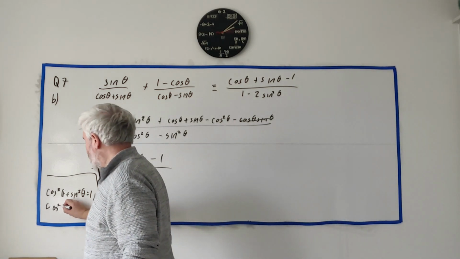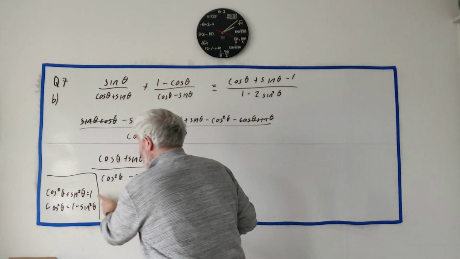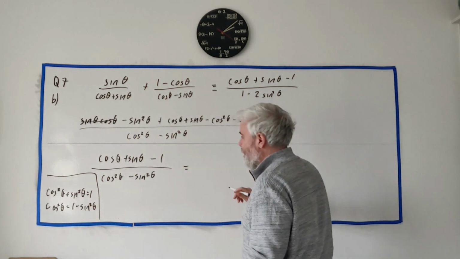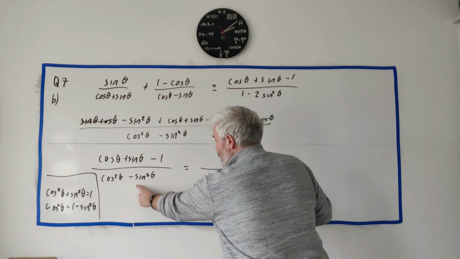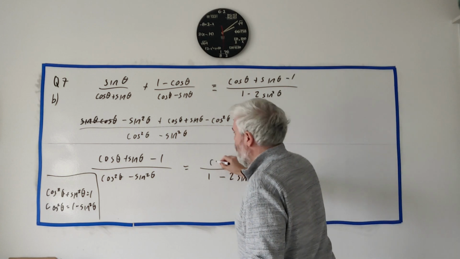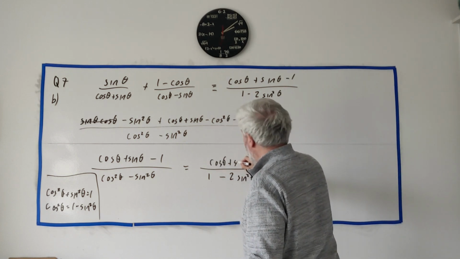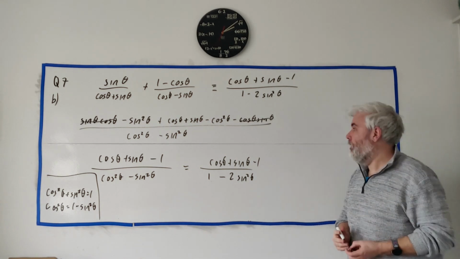So cosine squared theta equals 1 minus sine squared theta. We just fill that in. We get a 1, and we get 2 of these sine squares, which is what we were looking for. And what's the top? Cosine theta plus sine theta minus 1. Okay, that's it. We are finished.